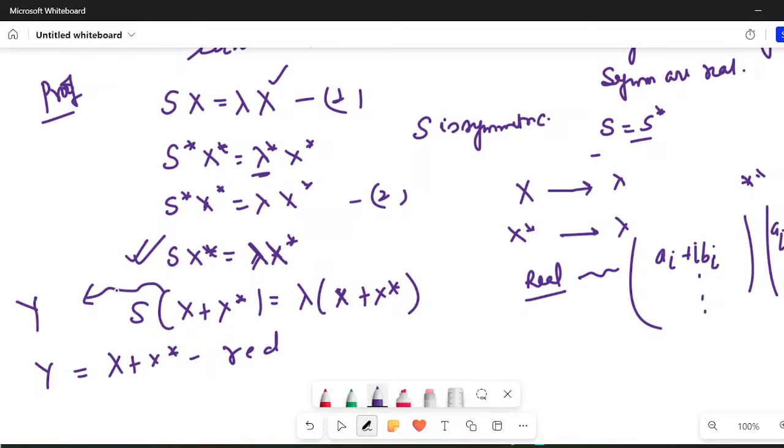Is that clear or not clear? Please let me know. Okay, so I think everybody has got it.